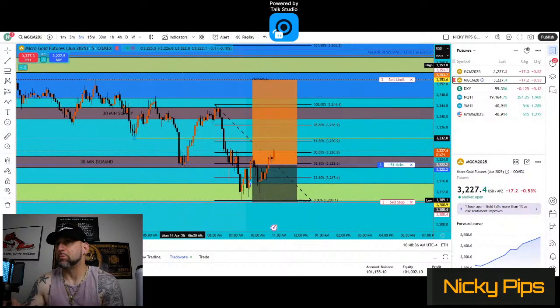I said if it tapped into this support area at 32.32, I would double down and take another position.